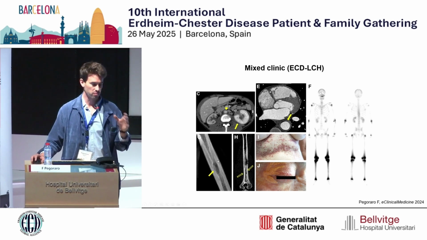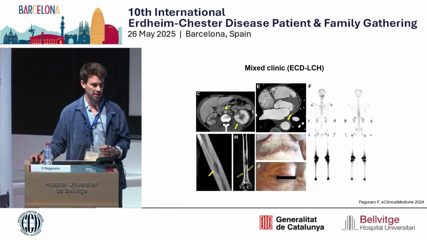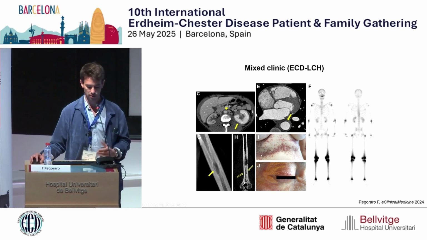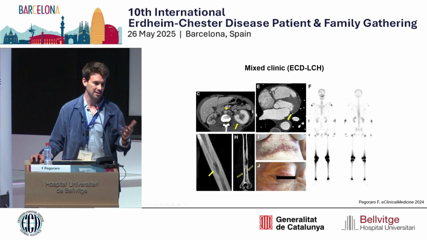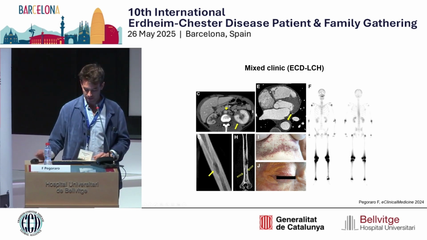The black is where the normal bone is white, so when it's blackish, that means that the structure of the bone is less solid. And for example, this is what an LCH skin lesion might look like. This anatomical presentation is very typical, and it can present at the same time with the more typical ECD skin lesions, such as the xanthelasma around the eyes.